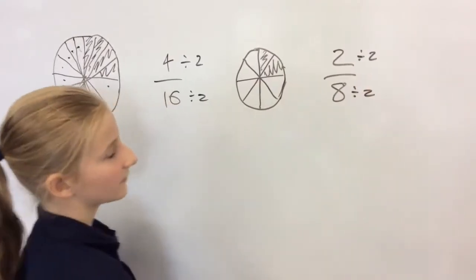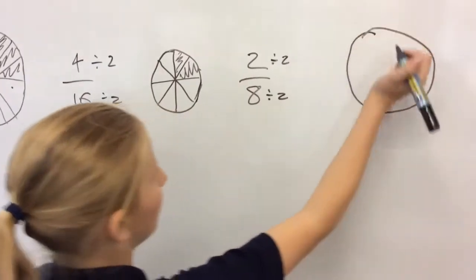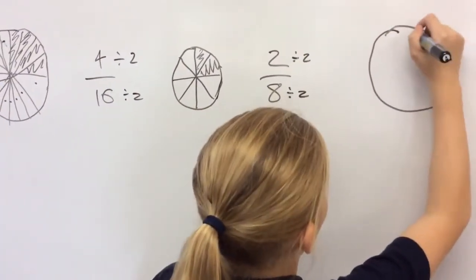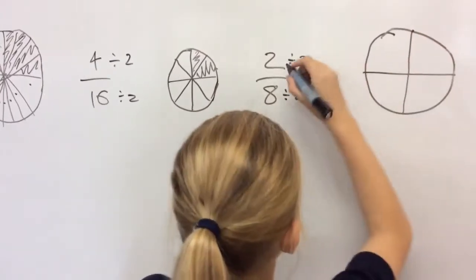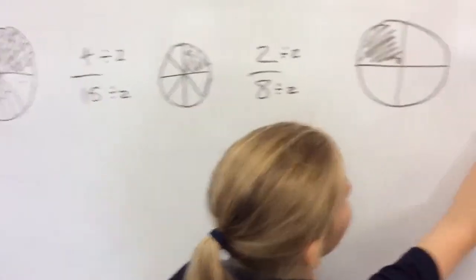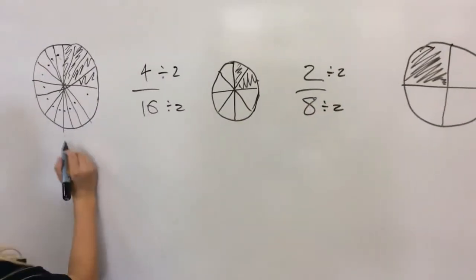So now we'll have 4 pieces, and half of 2 is 1. So that is 1/4. And 1/4 is a simplified version of 4/16.